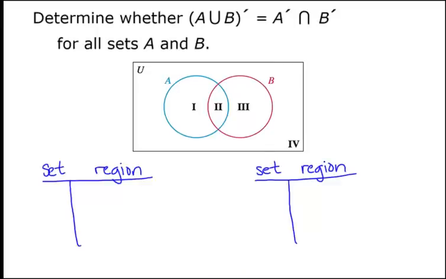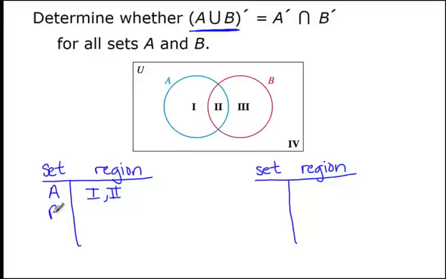So to better organize our thoughts, we want to first find the regions that are represented by this set statement. So I'm going to go through first, and let's take this piece by piece. We want to work within the parentheses first. So set A contains what regions on my Venn diagram? And that would be both 1 and 2.